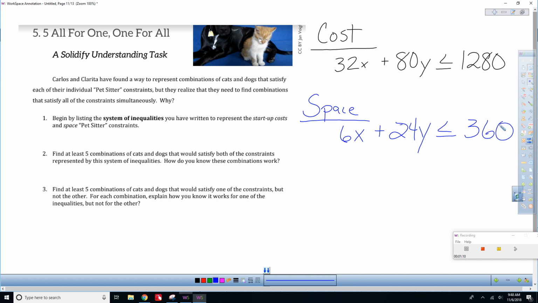Now it says find at least 5 combinations of cats and dogs that would satisfy both the constraints represented by the system of equations. How do you know they work? Well, we'd have to guess and check, and I don't have time on this video to guess and check, but I encourage you to do that. And then it says find 5 combinations of cats and dogs that would satisfy one constraint but not the other. Well, I'm just going to go straight to Desmos for this.